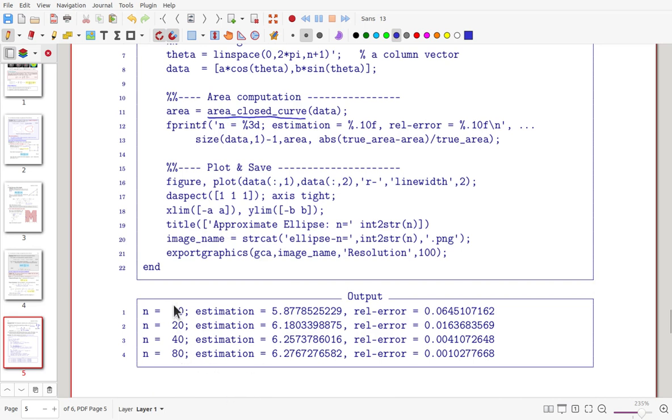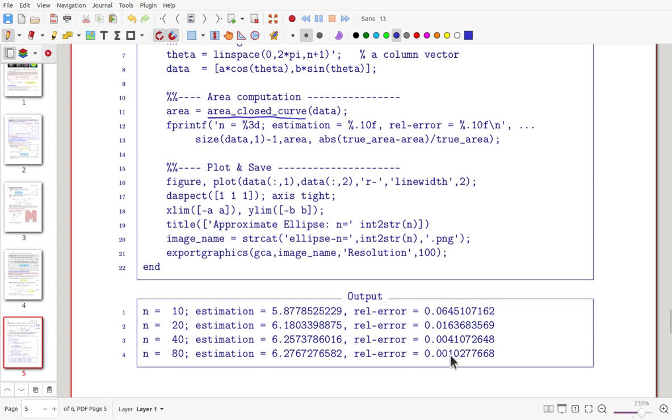Now from this one, we can get output. And it's moving from 10, 20, 40, and 80. The estimated area is given in this way. At the moment, the relative error, in the beginning, is about 6%, and it becomes about 1.6%, and 0.4%, and 0.1%.